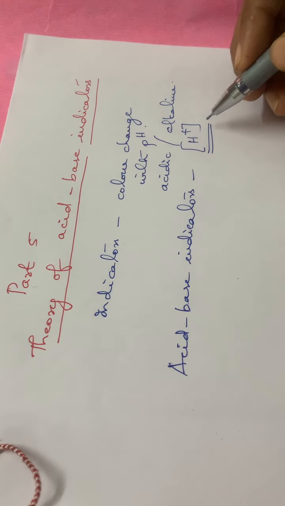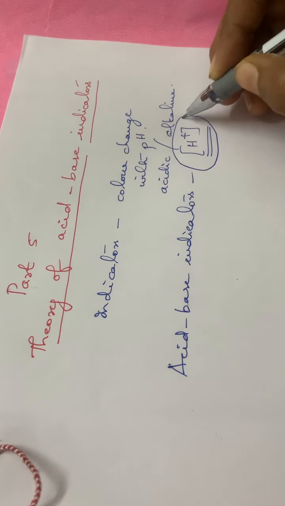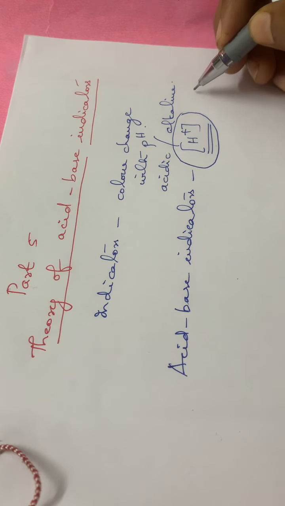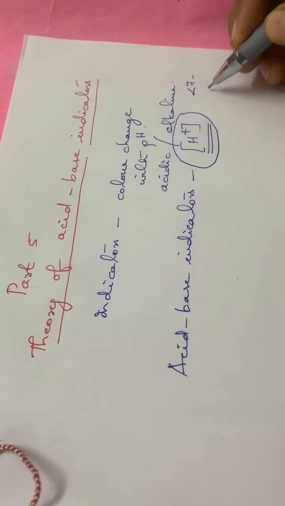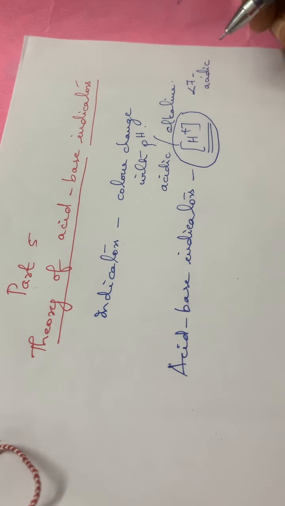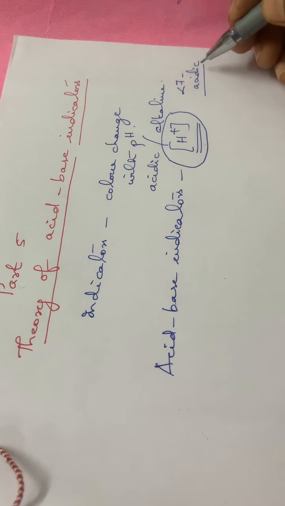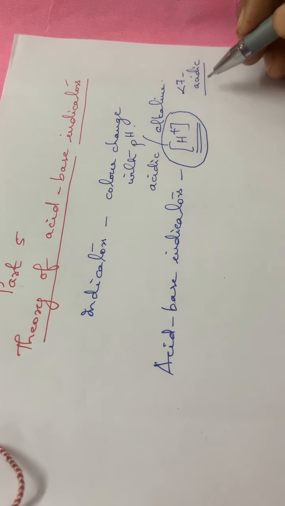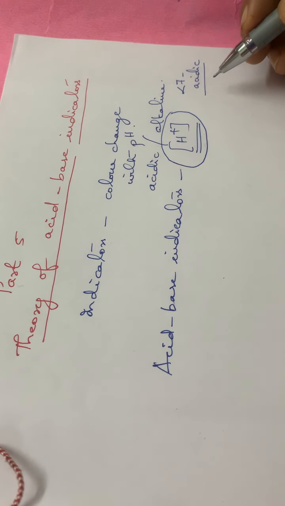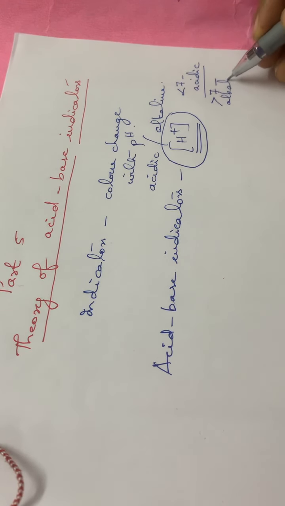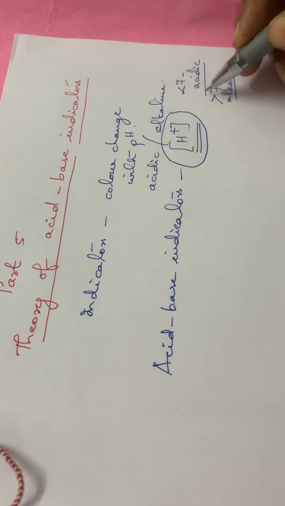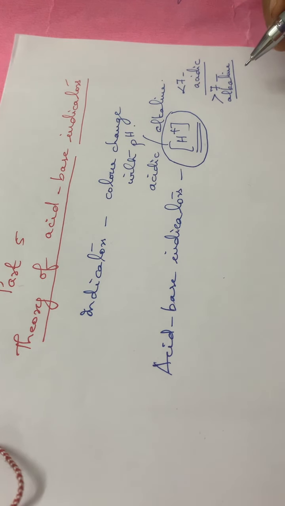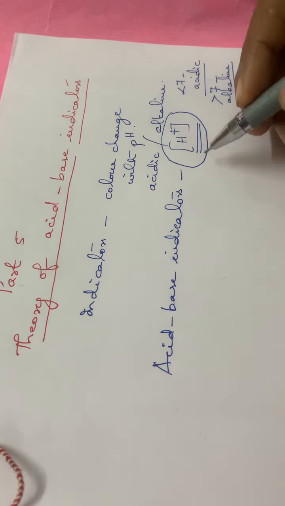And if the pH is less than 7, then we can say that the solution will be acidic, and in that acidic medium the characteristic indicator will be showing a particular color. If the pH is greater than 7, that means the solution will be alkaline, and therefore the indicator will be showing another distinct color. So that is the main point behind acid-base indicators.